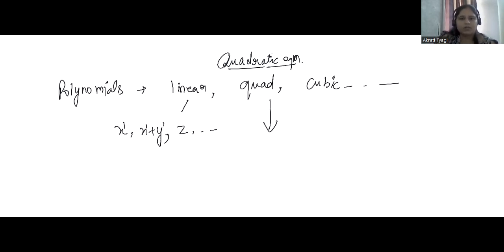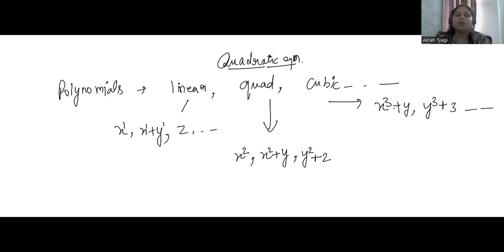In quadratic polynomial it is x square, x square plus y, y square plus 2 or minus 2 and so on. In cubic it is x cube plus y, y cube plus 3 and so on. So yes, quadratic polynomial means the highest degree of the polynomial should be 2.